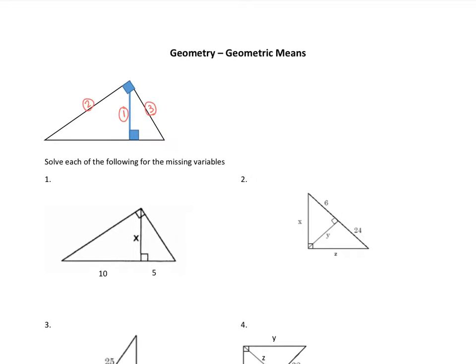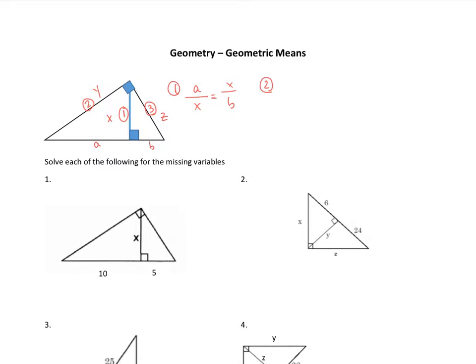So let's label these. Let's label this one X, let's label this one Y, and let's label this one Z. So we went over the formulas in class and we said if this altitude, this X, is the geometric mean, it's the geometric mean between these two parts, A and B. So that's for the first geometric mean.